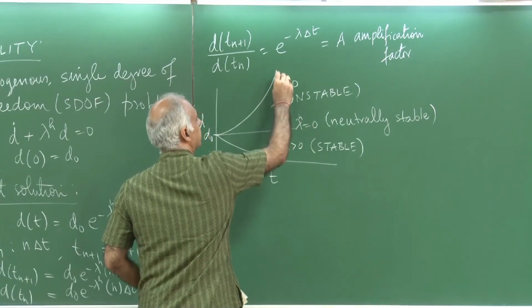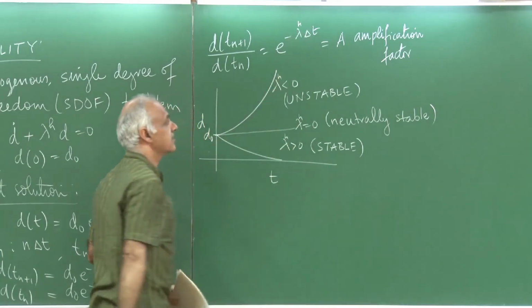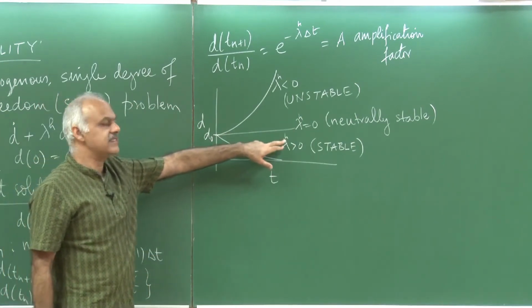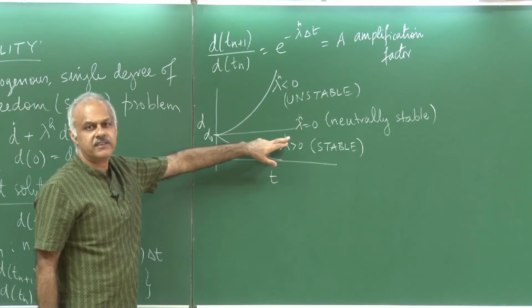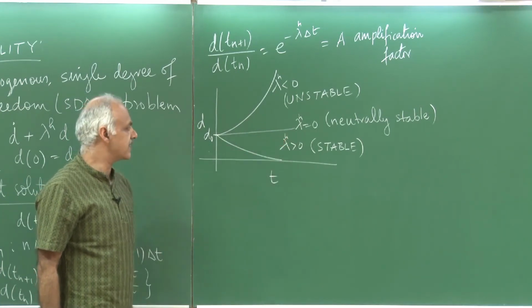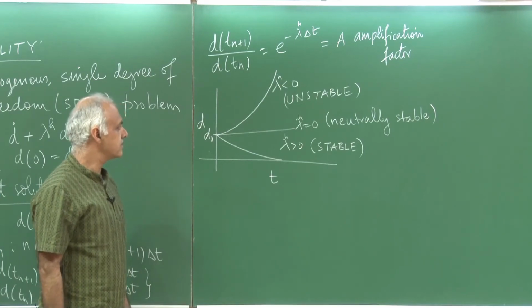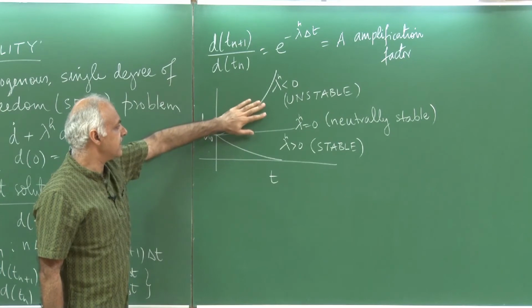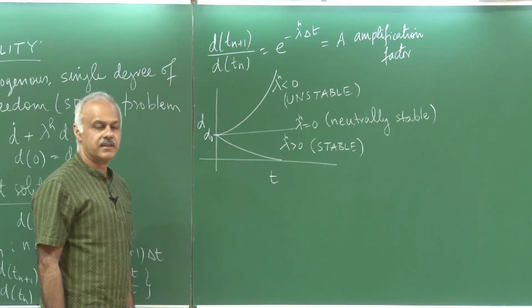Let me just put down this superscript h here. Lambda h, the superscript h, denotes that we are looking at discrete values of lambdas, not the exact values. All right. So, this is a stable system, this is an unstable system, and this is neutrally stable.